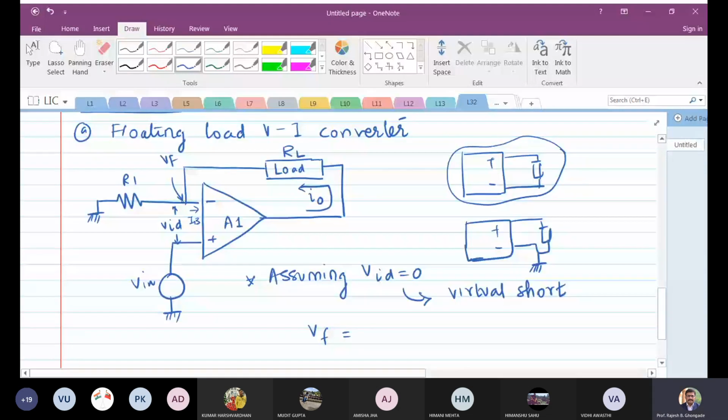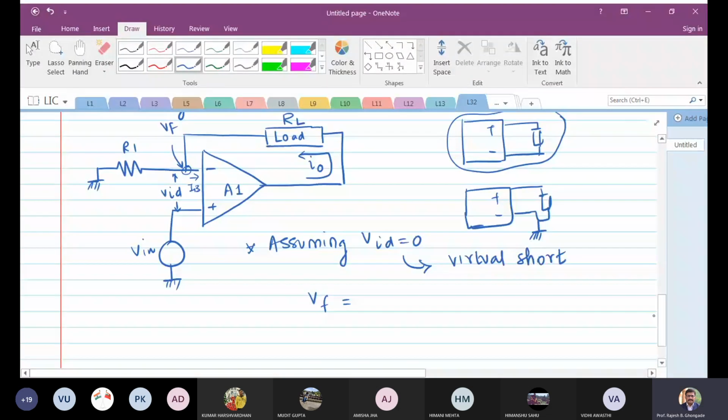The voltage at this point. If inverting and non-inverting terminals are at the same potential, and the non-inverting terminal is at Vin potential, what will be the value of VF? It will be the same as Vin. Yes, it will be Vin itself.